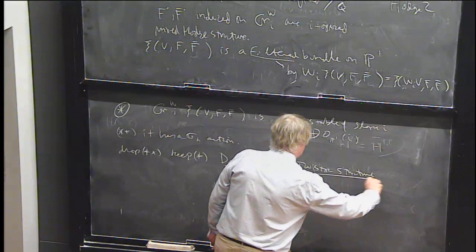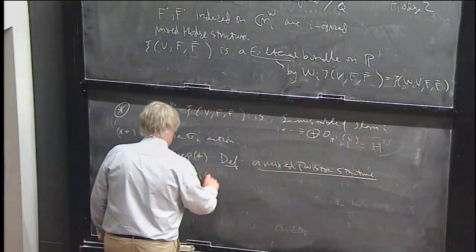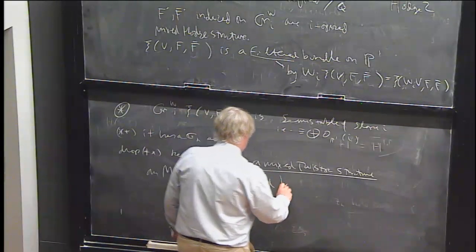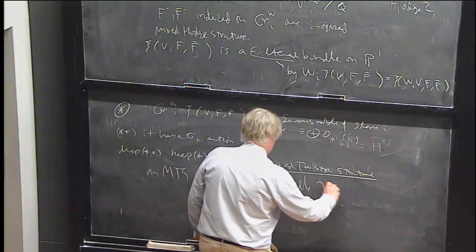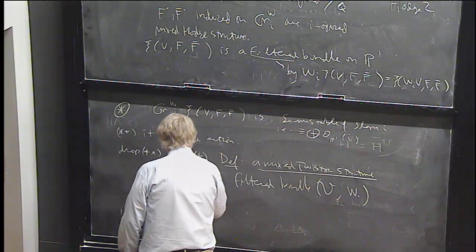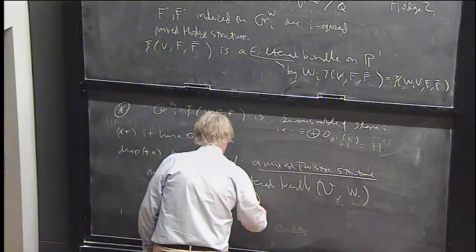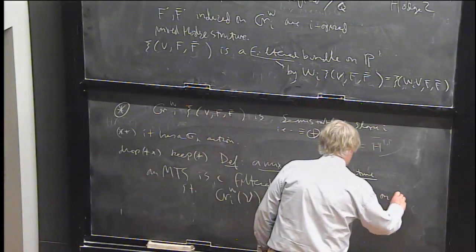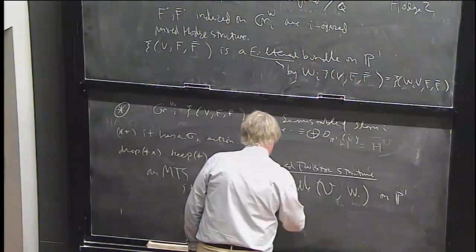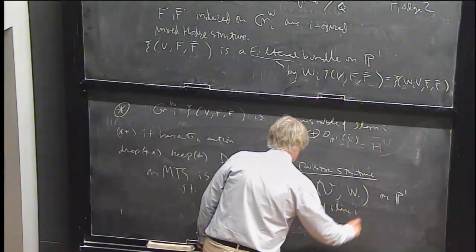So what's a mixed twistor structure? An MTS is a filtered bundle on P1 with an increasing filtration such that the Gr_i^W of V is semi-stable of slope i.